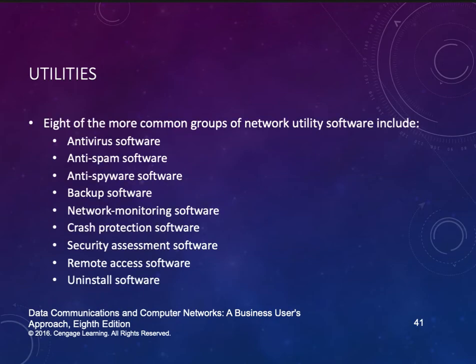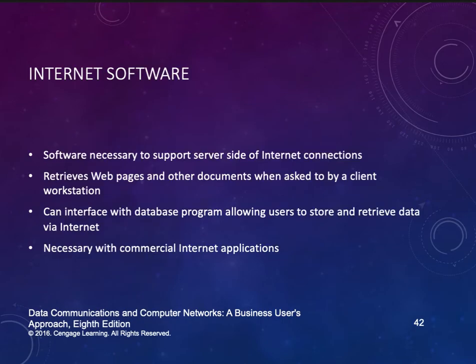Utilities consist of antivirus, anti-spam, spyware, backup, monitoring, crash protection, security, remote access, uninstall software. For internet software, we have server side, web pages, and all the common software we have today.